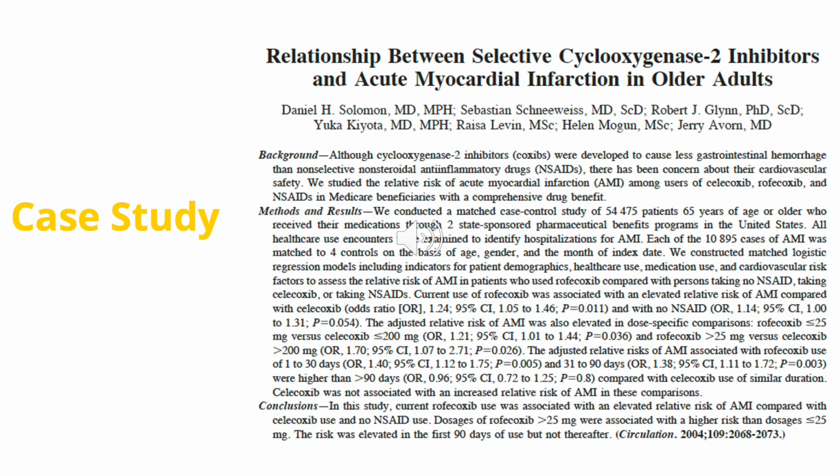Okay, so now I want to take all of the theory that I just taught about observational studies using real-world evidence and pull it all together using a case study of cyclooxygenase 2 inhibitors and acute myocardial infarction in older adults.